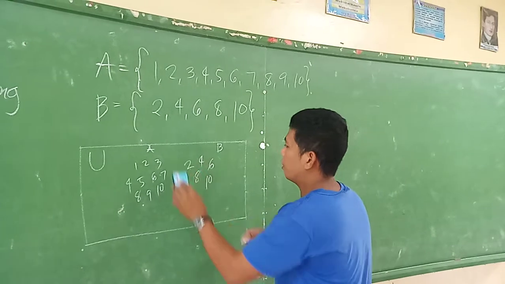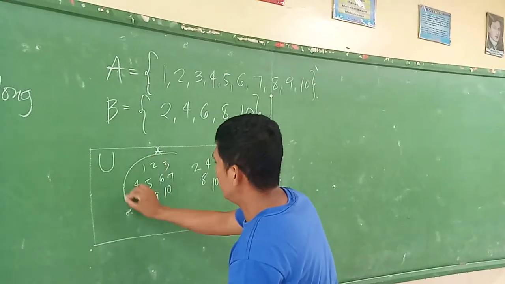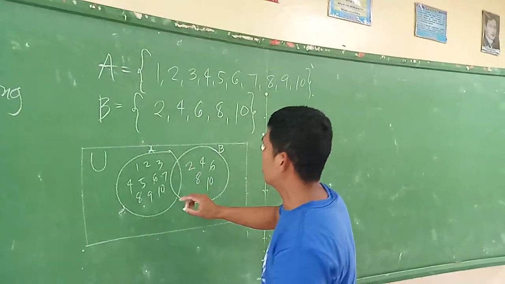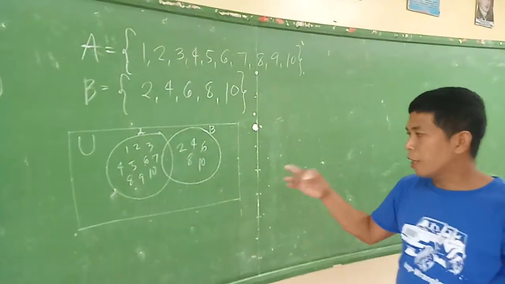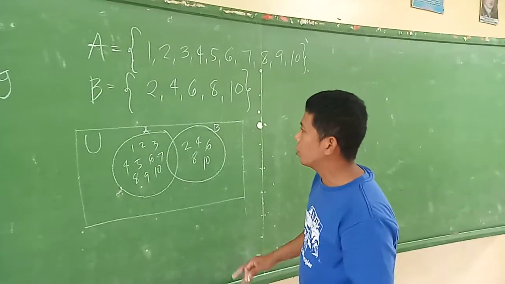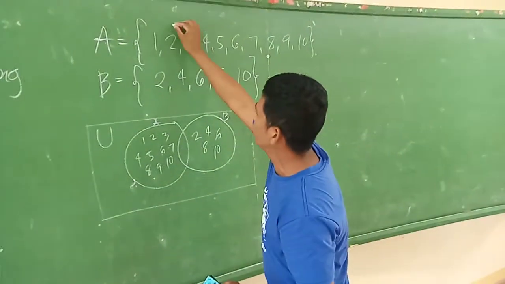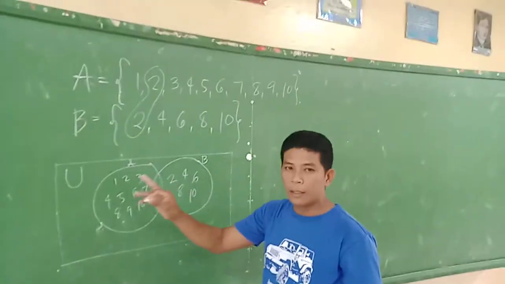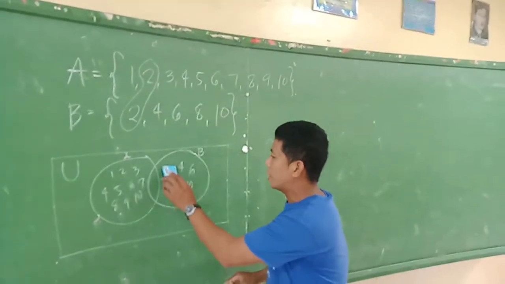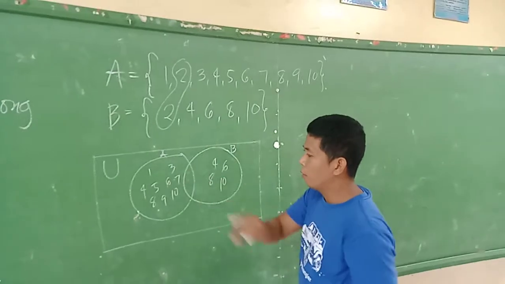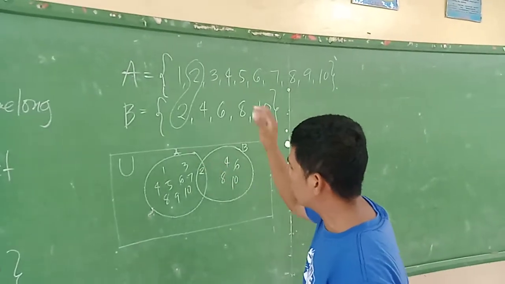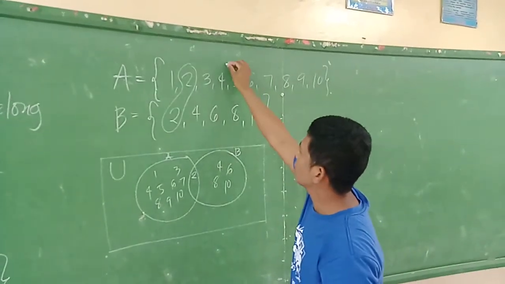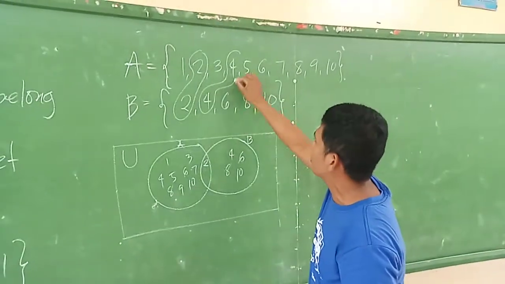This is A, and this is B, to show that the two sets have elements in common. So what are the common elements? We have 2. Instead of placing it in A and in B, we put it in the middle, because it is common to both sets. We have 4 too, because as you observe, number 4 is also common.